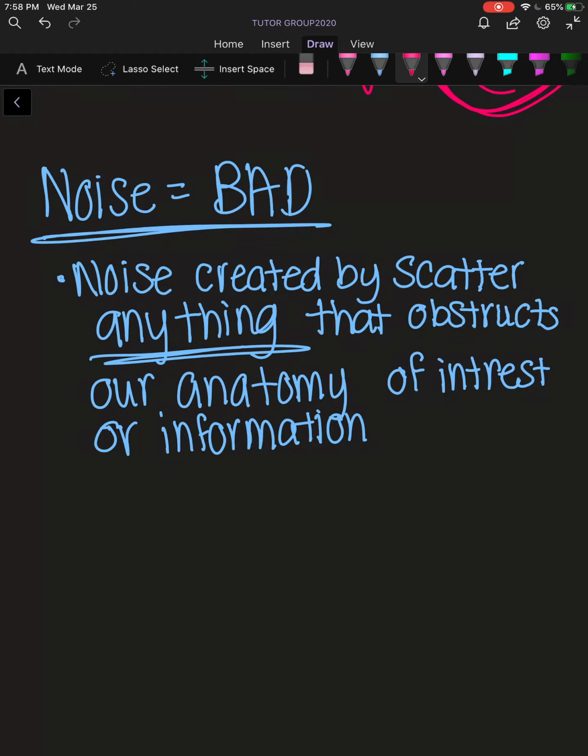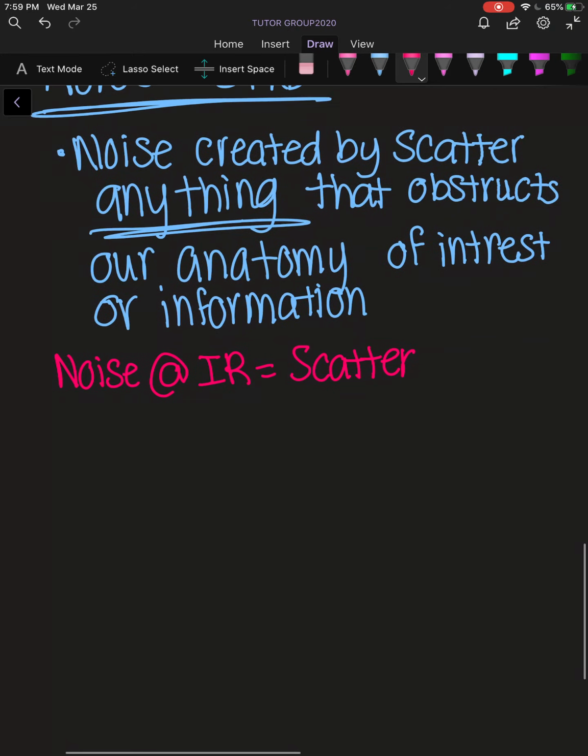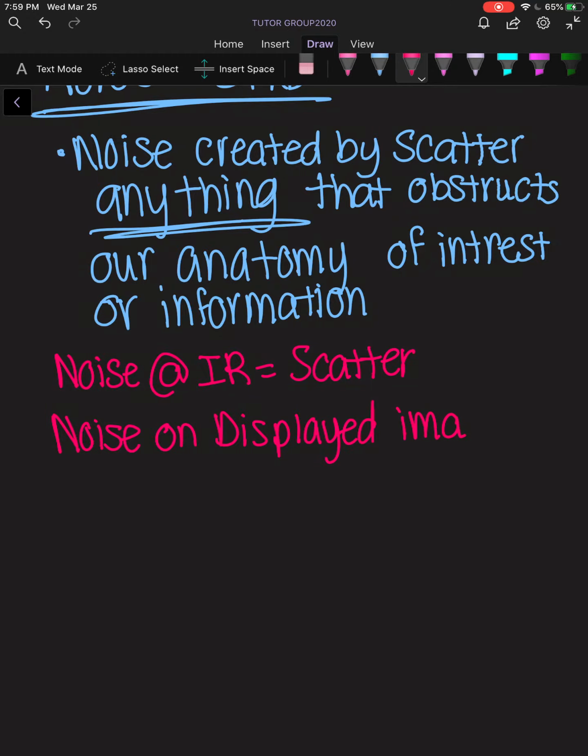Now, the most common type of noise at the IR is scatter. But the most common type of noise on our displayed image is image mottle.